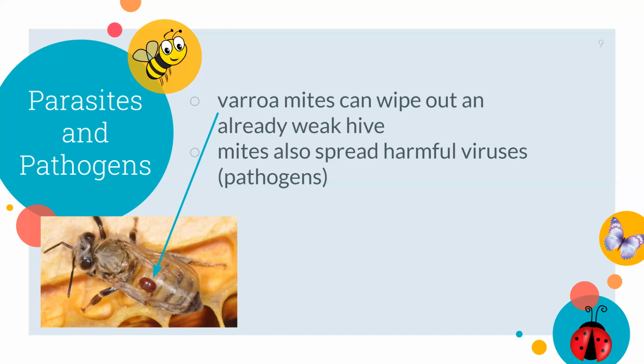The mites are also spreading harmful viruses or pathogens, which, as Tammy said, is a fancy way to say disease. So the mites are also spreading disease to the bees, which is a double whammy, really hitting these hives hard and causing colony collapse disorder.